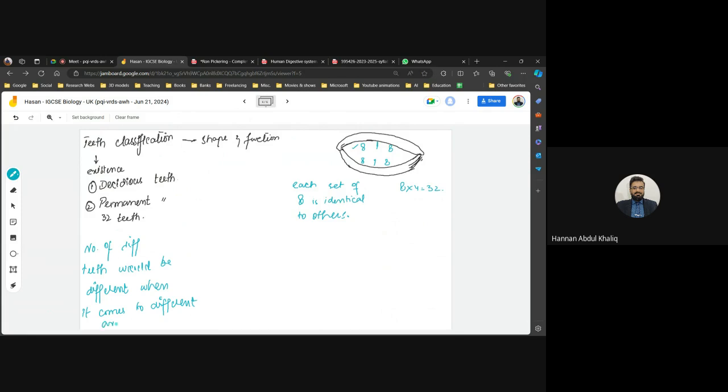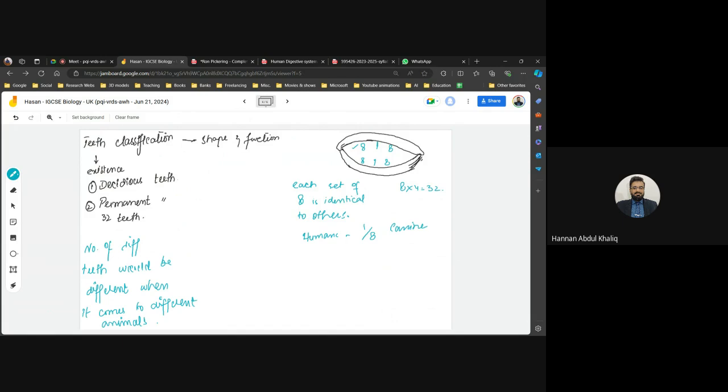That is a very important point here. When it comes to different animals, there would be a different number of teeth. Suppose that humans only have 1 out of 8 canine, which means total canines are 4.